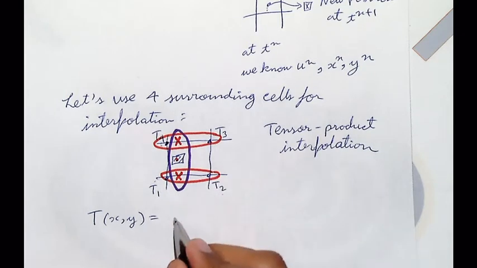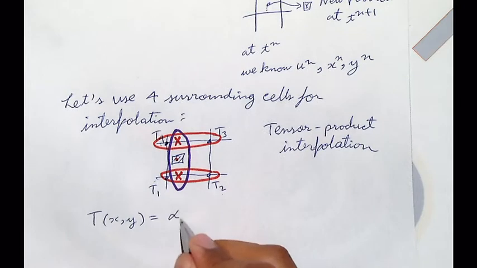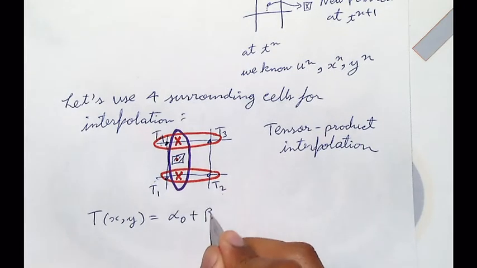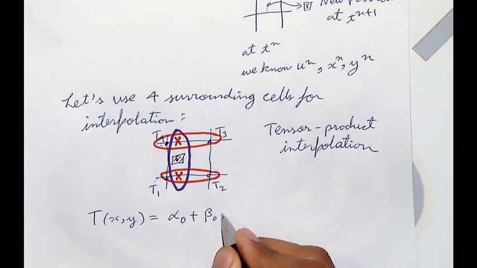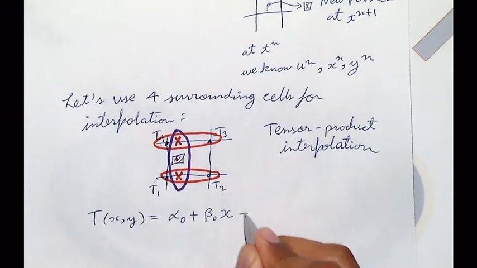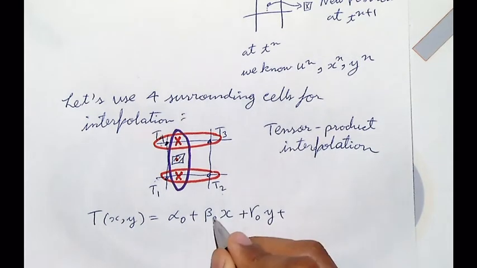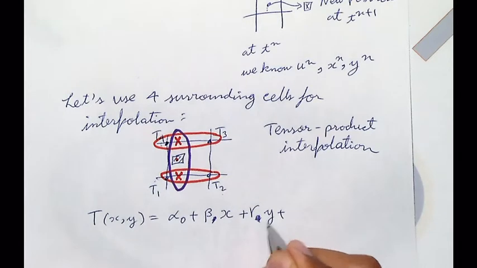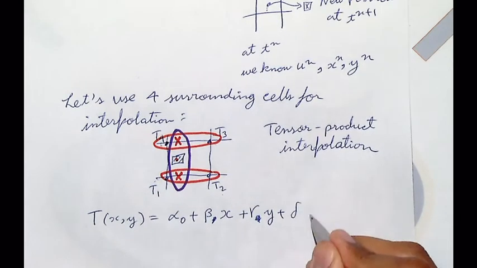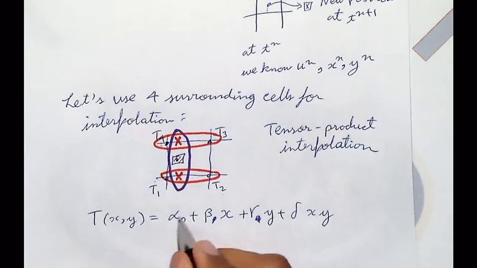You could say this is a, let me see, should I use a's? No, I don't want to confuse you. Let me use alpha. Alpha naught plus beta naught x plus gamma naught y plus delta naught xy. Okay? And these are unknown coefficients.